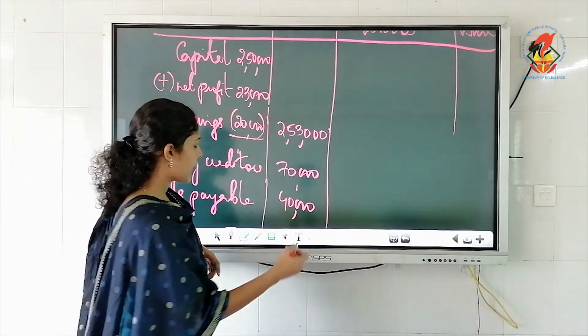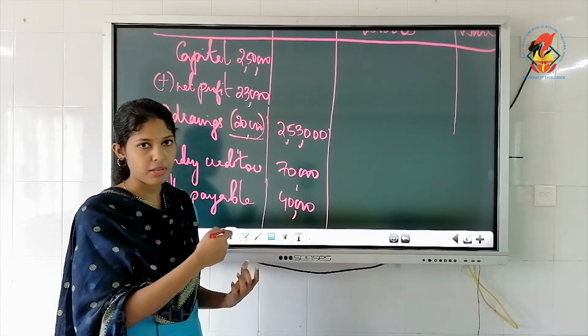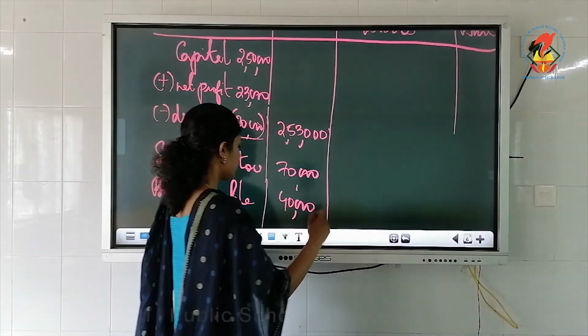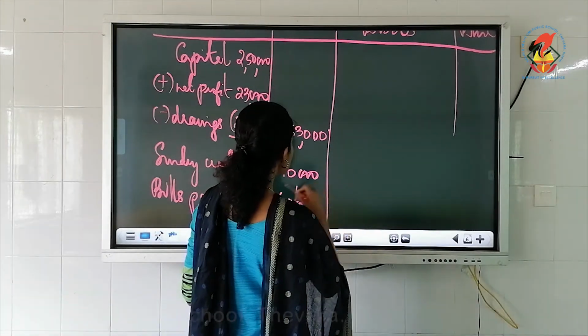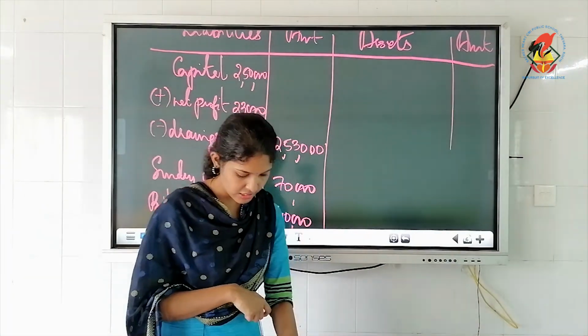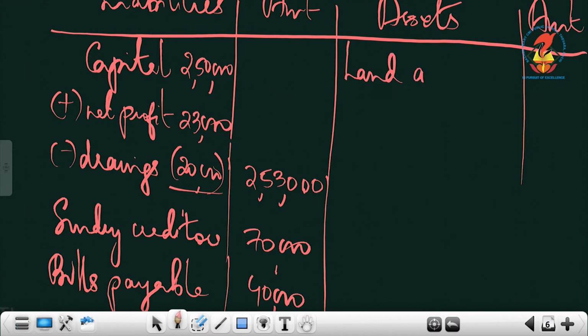Then on the asset side we will start with fixed assets, because I am following the order of permanence. The textbook has followed the liquidity order. So fixed assets you just take from your debit balances. The first one is land and building. Move in that order itself, so that you won't miss any item.